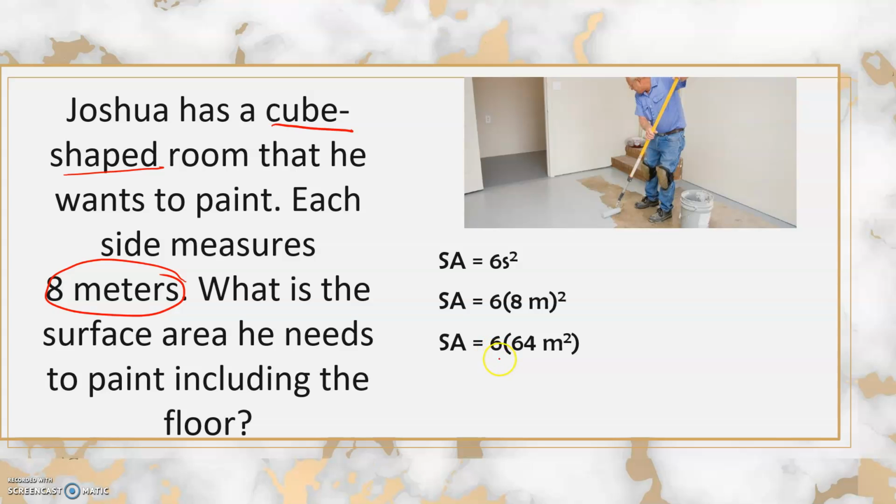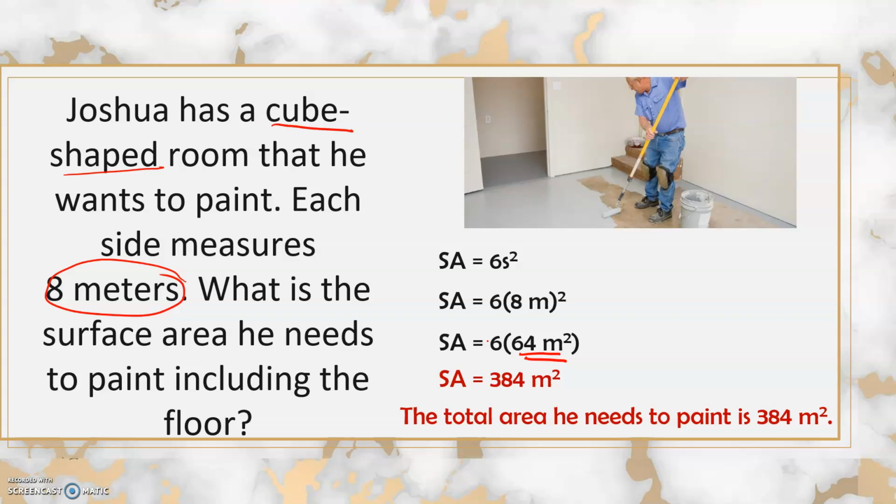Then we still have to multiply it by 6 because again, a cube has 6 congruent square faces. So this is just the area of one square face. Multiplying it by 6 will give us the surface area of the cube-shaped room, which is equal to 384 square meters. So the total area he needs to paint is 384 square meters.